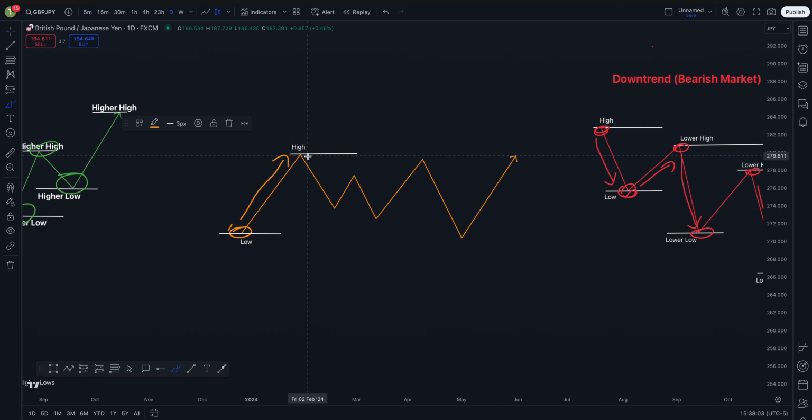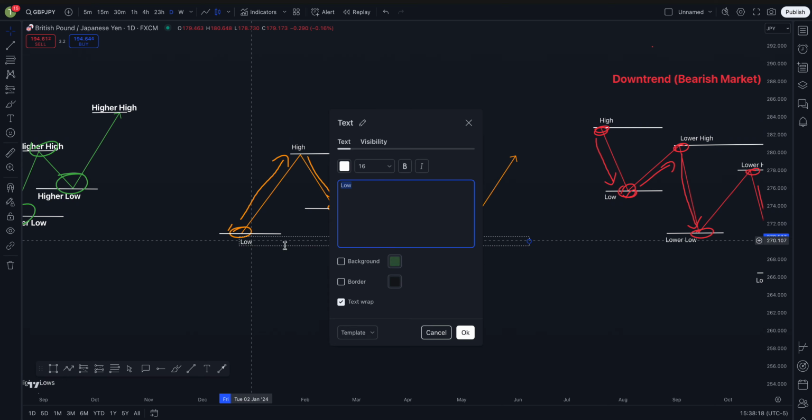Then it went back down and came to this point, which, based on what we've seen before, is a higher low.